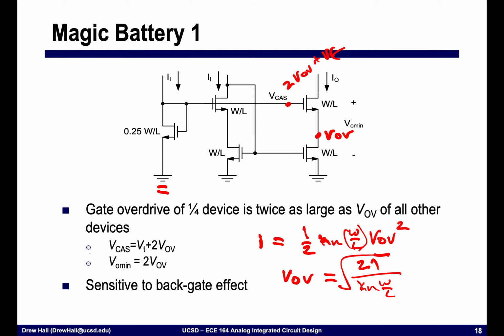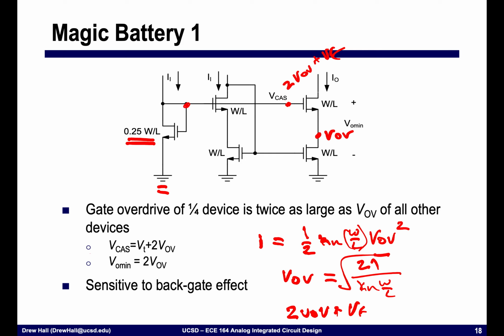I get this prefactor of 2 by setting this equal to 1/4. That gives me 2 VOV plus VT at this node. So this circuit certainly works.